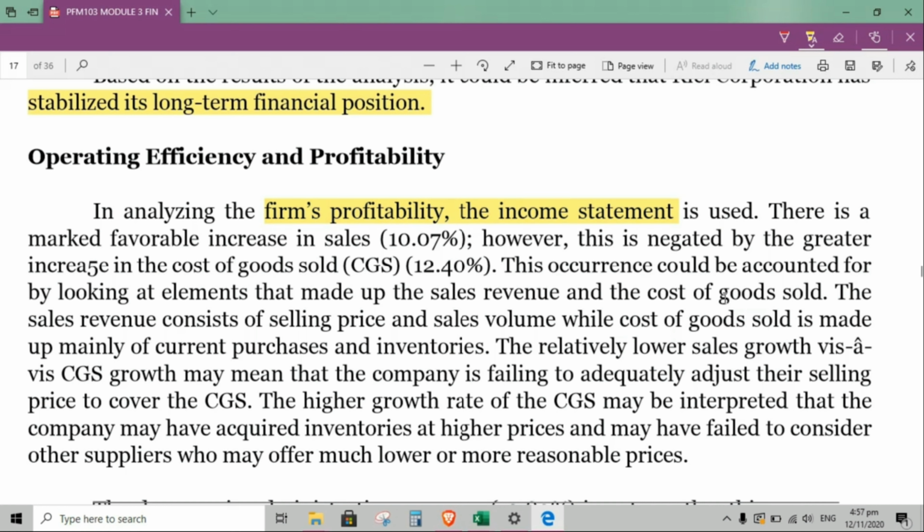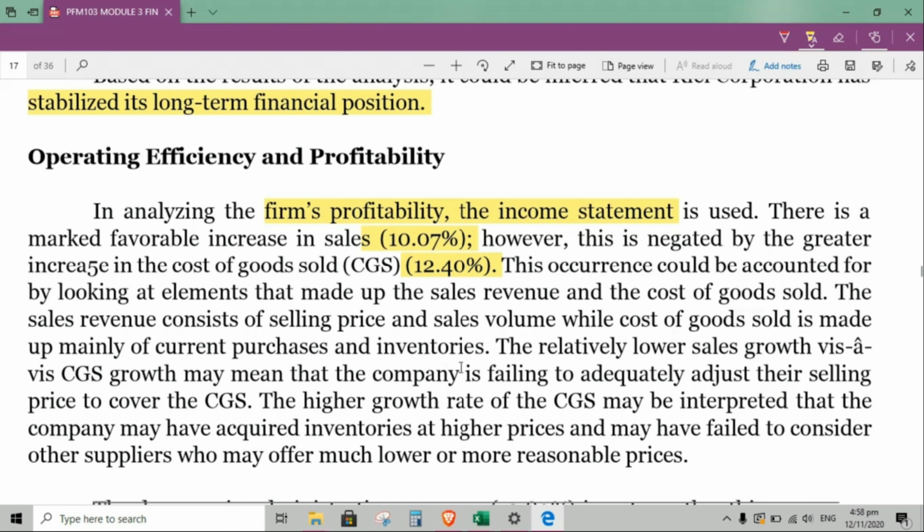Kung makikita mo dyan sa income statement ng Real Corporation, may in-increase yung sales niya, 10.07%. But, yung kanyang cost of goods sold ay ang taas-taas, 12.40%. Ibig sabihin, sa current year, tumaas ng 10% yung sales niya. Pero, tumaas naman yung kanyang cost of goods sold compared last year.